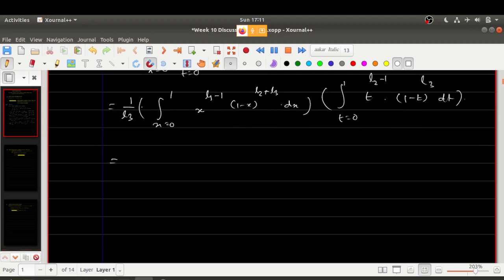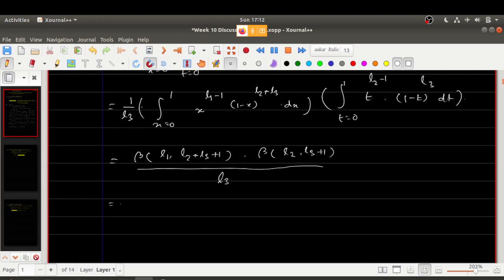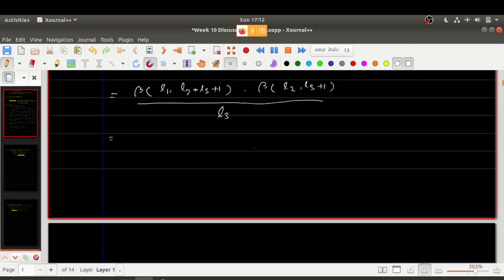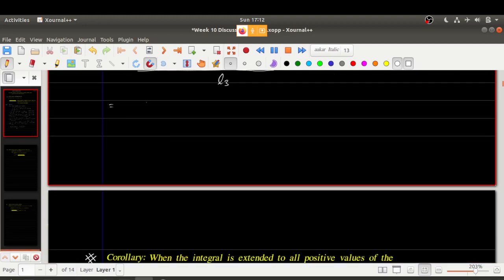Now you know what this is. This is actually the beta function. So this is beta of L1, L2 plus L3 plus 1, times beta of L2 and L3 plus 1, divided by L3. Now you just put beta of m, n equals gamma m gamma n by gamma of m plus n.